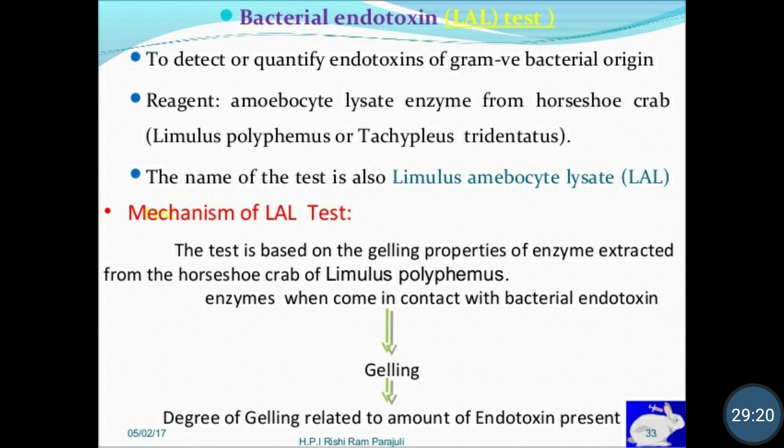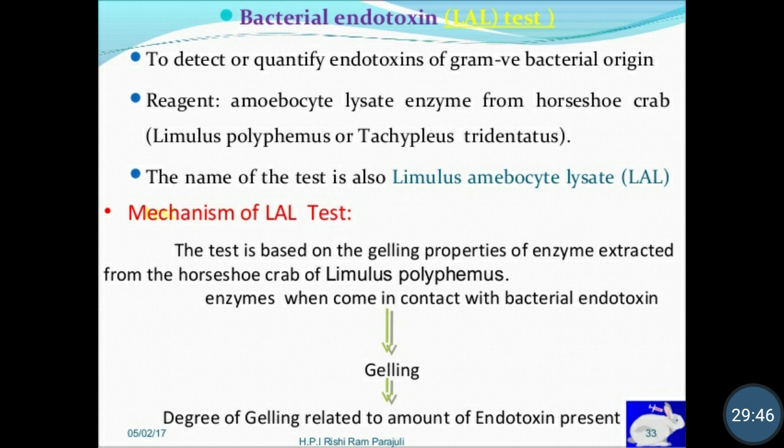So the second test is a reagent test, or we can say it as a LAL test, that is Limulus amoebocyte lysate. This amoebocyte lysate is a type of enzyme which is extracted from the horseshoe crab. The horseshoe crab is a species of marine or brackish water arthropod. Okay, what are horseshoe crabs?